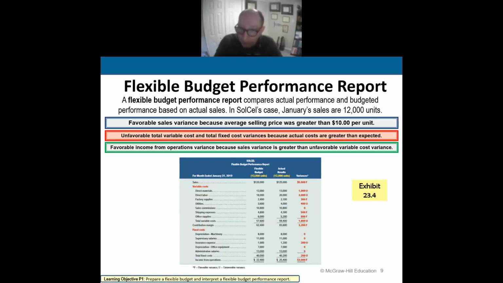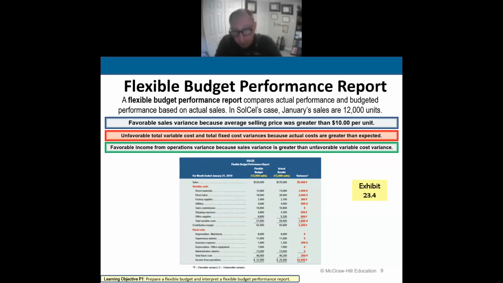That's favorable. When your actual is less than the budgeted amount, it's usually favorable for expenses, not for sales. Right? You want your sales to be higher than the budgeted amount. But we can see that for a cost, if you come in under the budgeted amount, it's favorable. If you come in over, it's unfavorable.